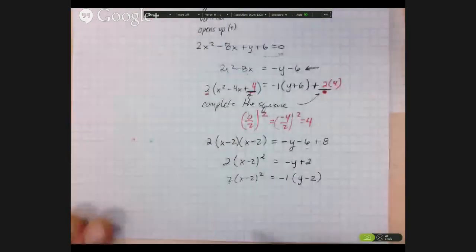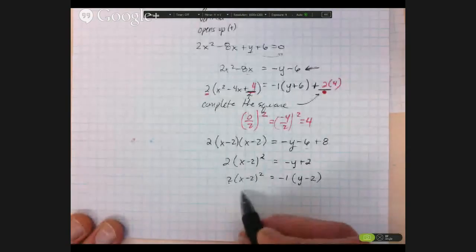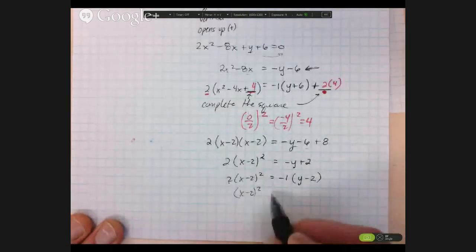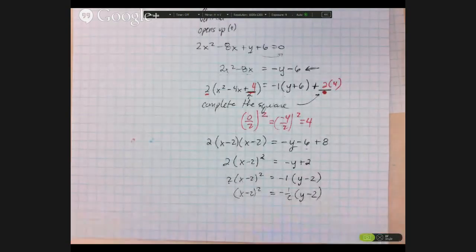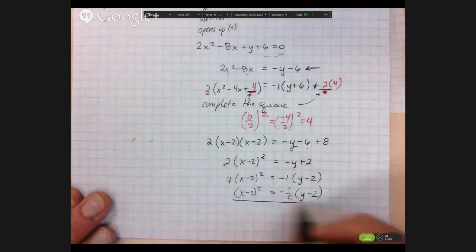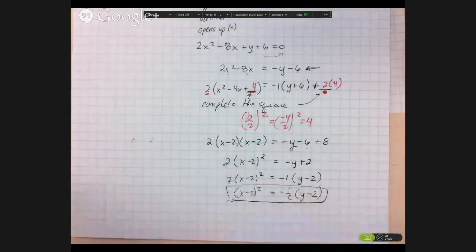So we're going to move it over by division. There's our equation. A lot of work.